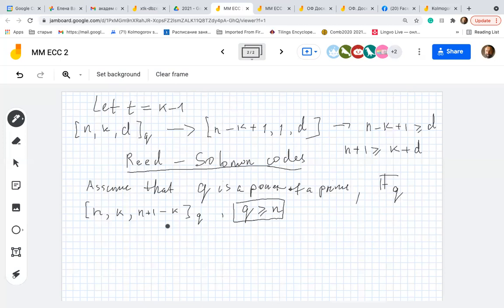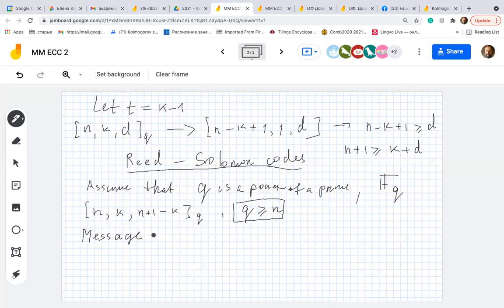And now I will define what this code is. So the messages will be viewed as polynomials of degree k minus 1.